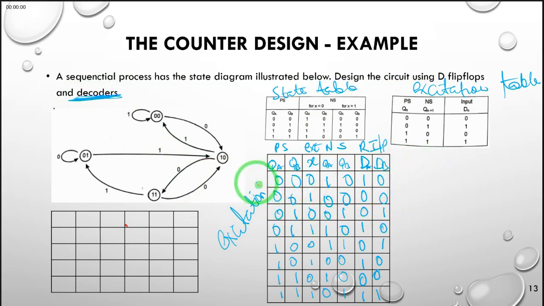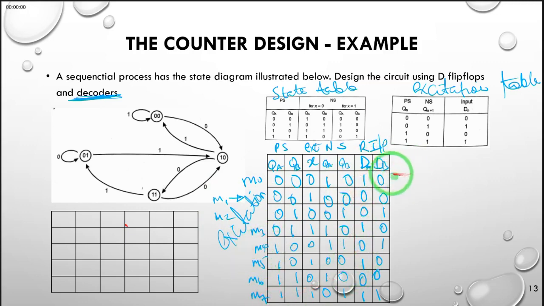Therefore, because we have arranged these combinations of Q's and X in numerical order, we can simply see that they follow the normal labeling of minterms. So we can call this one M0 because it is 0, 0, 0, the next one is M1, 1, 0 is M2, 1, 1 is M3, and so on up to M7.